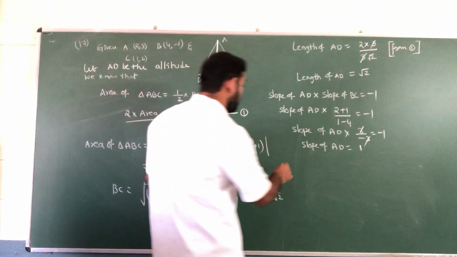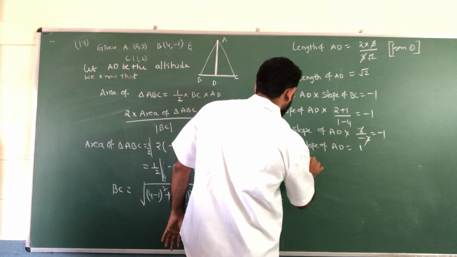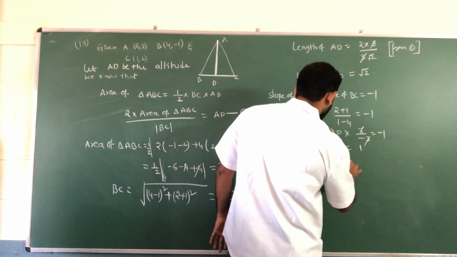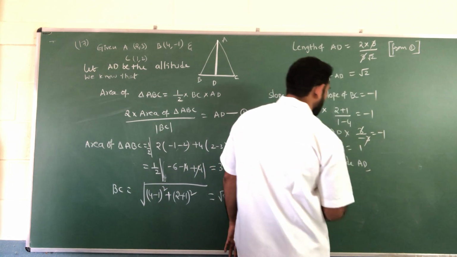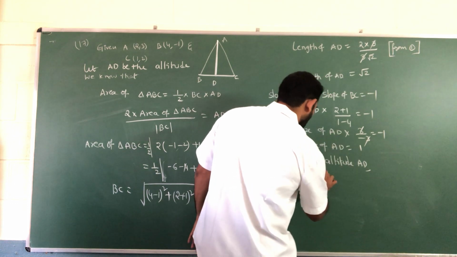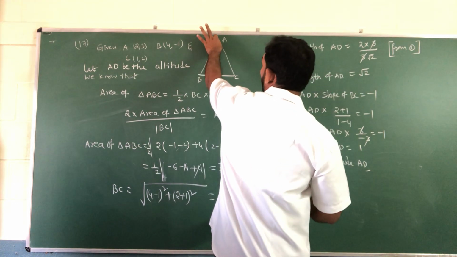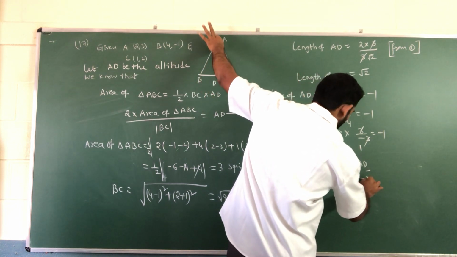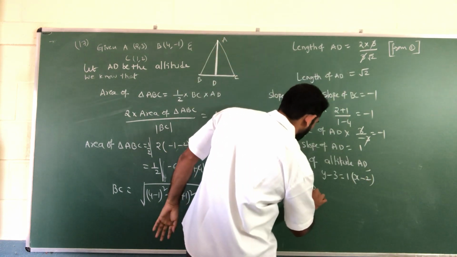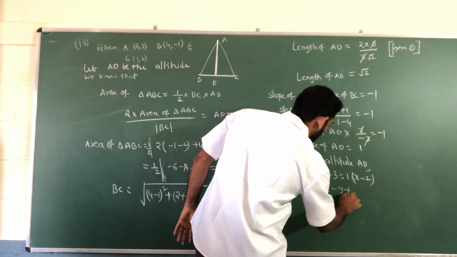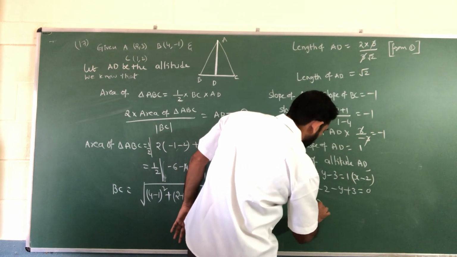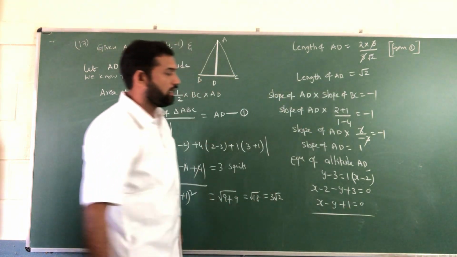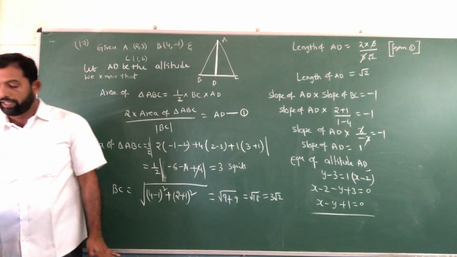So the equation of altitude AD: y minus y1, so 3, is equal to 1 into x minus 2. Now do the simplification: x minus 2 minus y plus 3 equal to 0. So x minus y plus 1 is equal to 0. That is the equation of altitude AD.